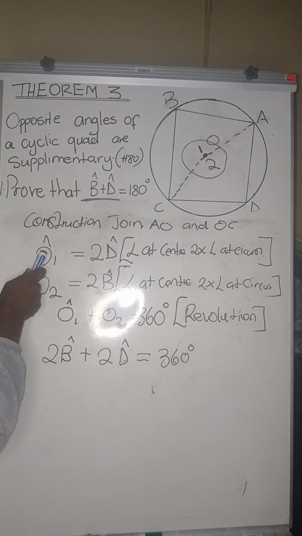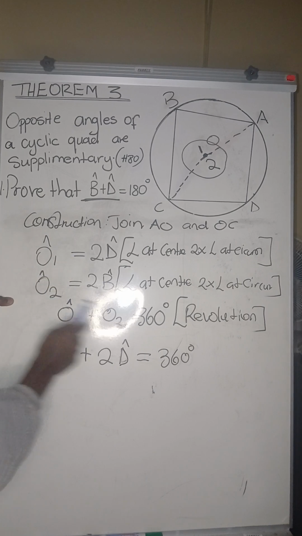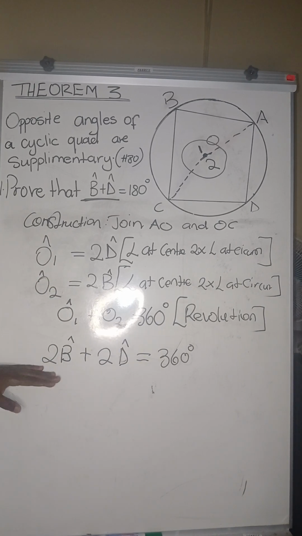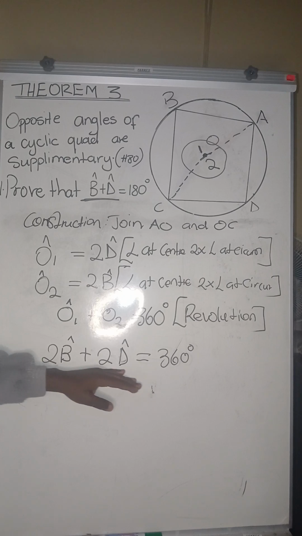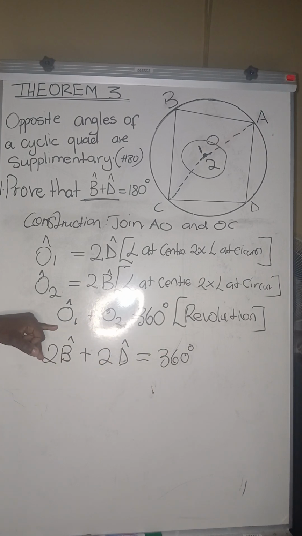Twice B and twice D is equal to the revolution, which we proved here.